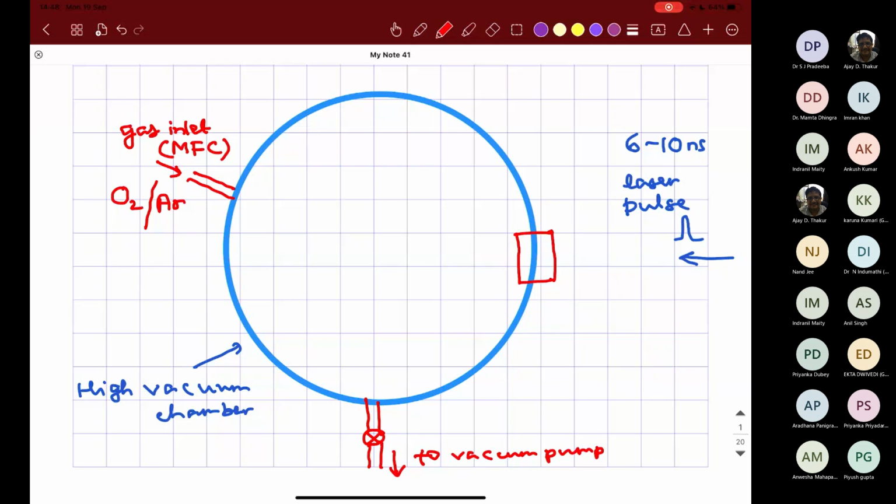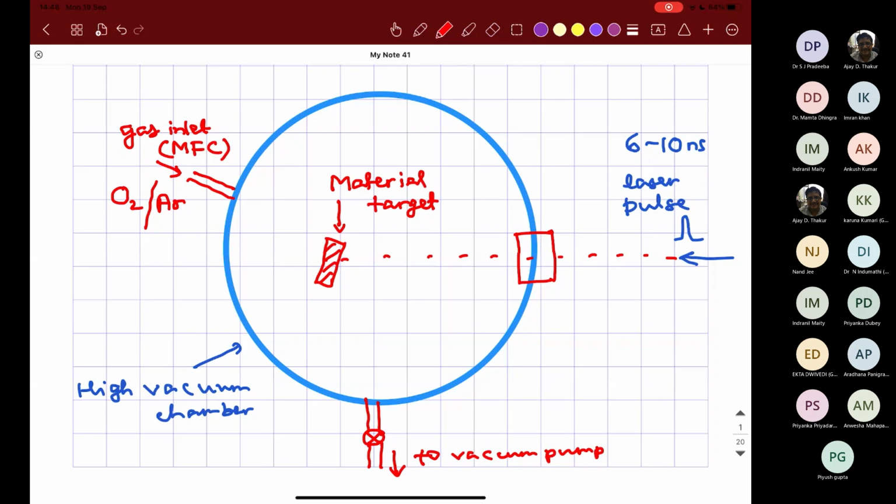Let me try to trace the path of the pulse of the laser. The laser is going to travel, and then you will have a polycrystalline metal target. Let's call this the material target.